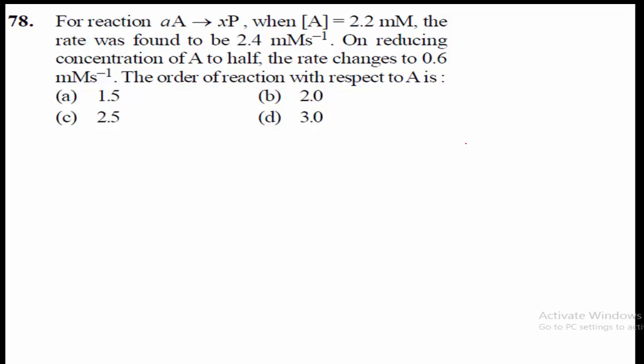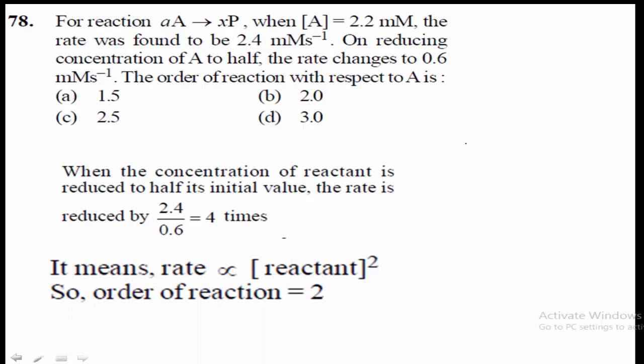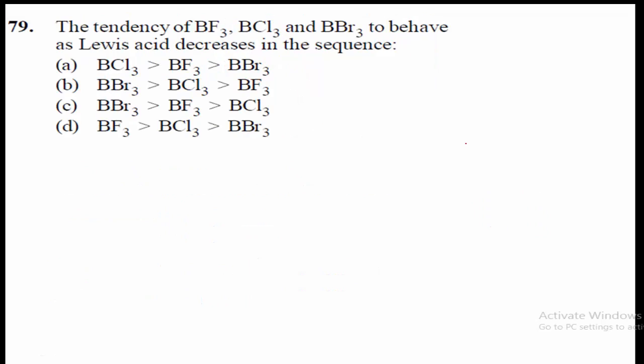The order of reaction with respect to A is: when the concentration of reactant is reduced to half its initial value, the rate is reduced by 2.4 upon 0.6, that is equal to 4 times. Therefore, the rate is directly proportional to the square of the concentration of reactant. Therefore, it shows that the order of the reaction will be 2. Therefore, option B will be the right one.